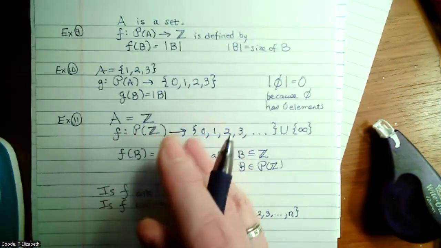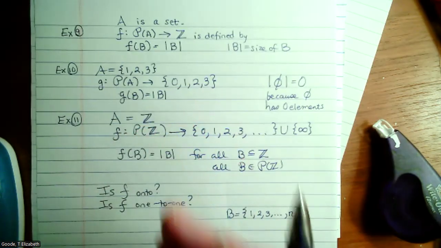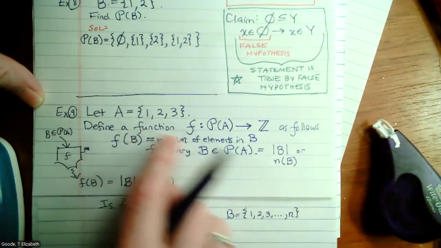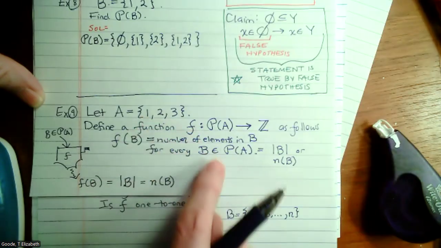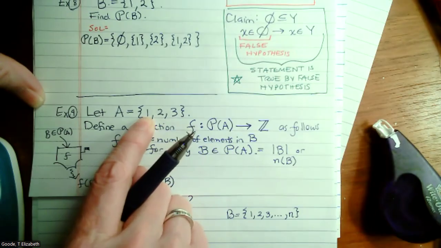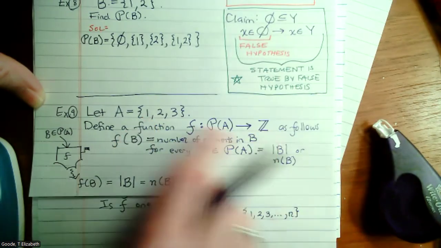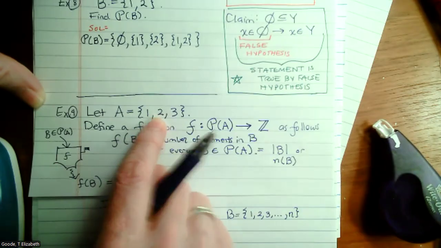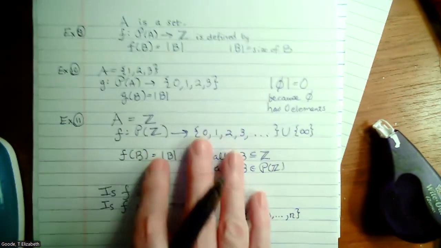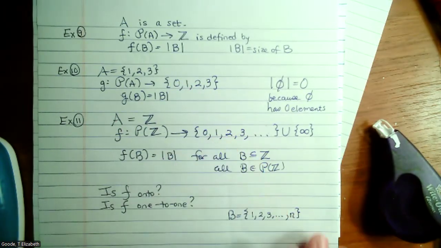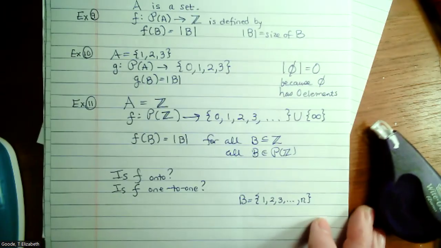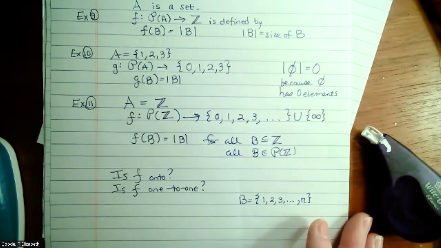You already figured out, even for A equals the set containing 1, 2, and 3, that the subset that just has 1 in it is going to map to 1, and the subset that contains just 2 is going to map to 1. Oh, that's right, and that problem is here in spades, isn't it? Wow. That's really cool.